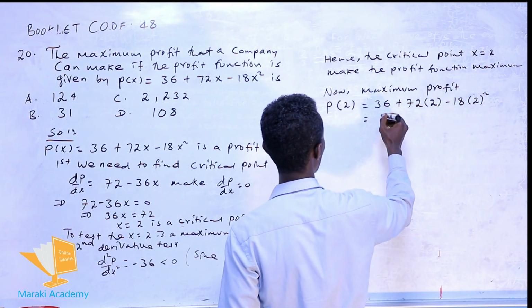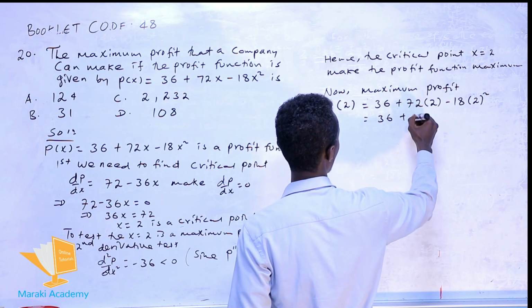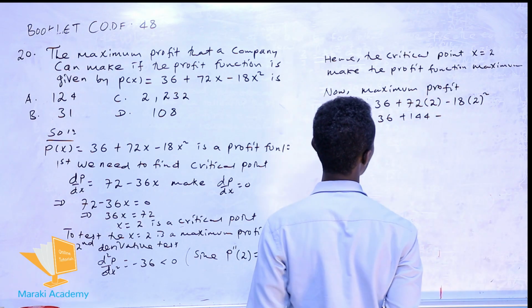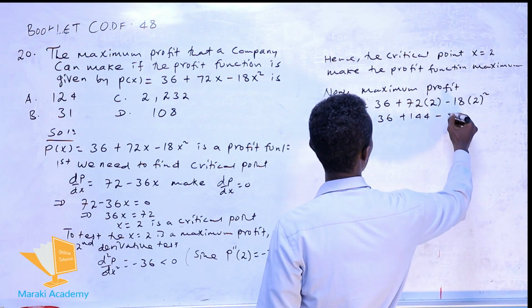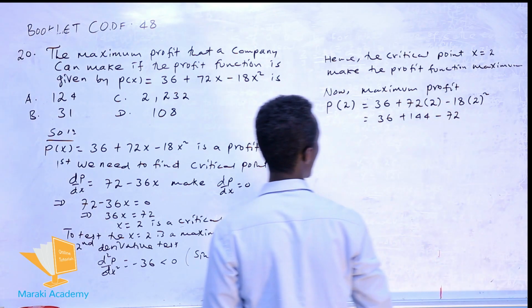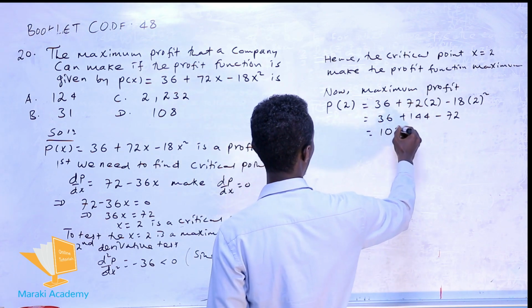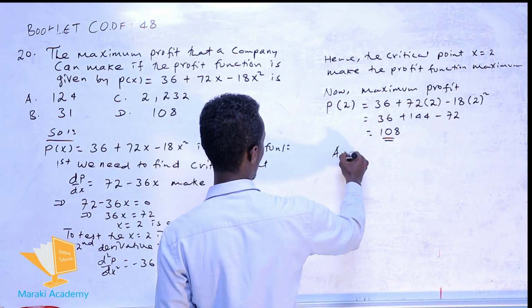So this becomes 36 plus, when you multiply, we have 144 minus, this is 4 times 18, which is 72. So the result becomes 180.